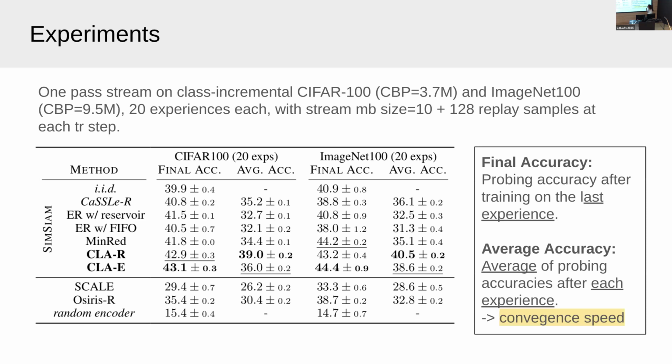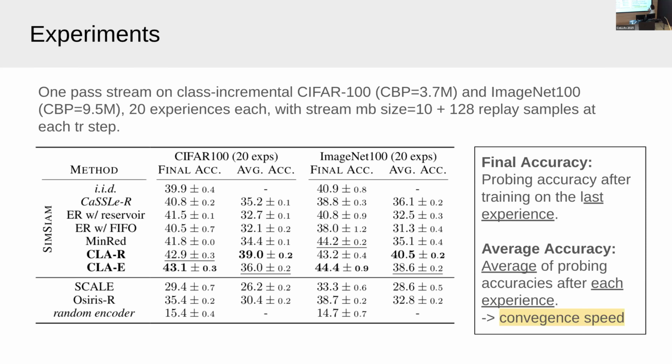So we think that is a very good basis for comparing different models. So next, experiments. We compared our methods, CLA-R and CLA-E, with other continual self-supervised methods that were applicable to the online setting. And we also compared to an IID baseline that was calculated with the same computational budget using CBP. We used the class-incremental CIFAR-100 and ImageNet-100, but with a fixed CBP budget. And we used two metrics. One is final accuracy, which is the accuracy calculated at the end of training, at the end of the stream.